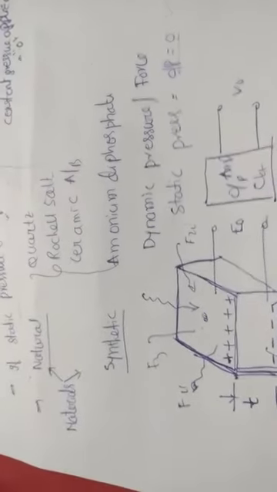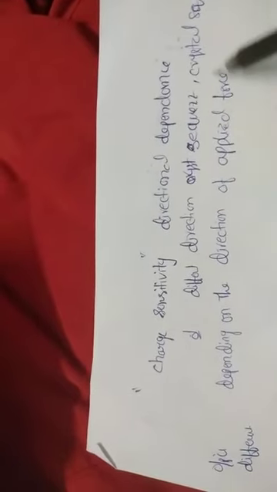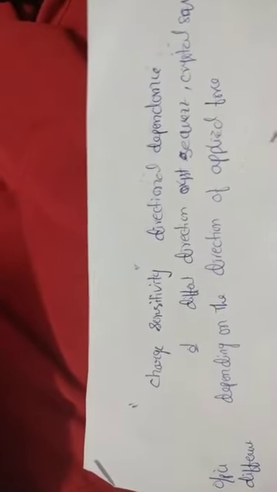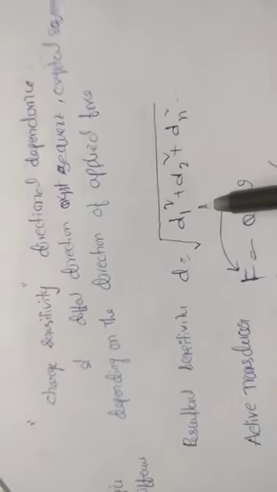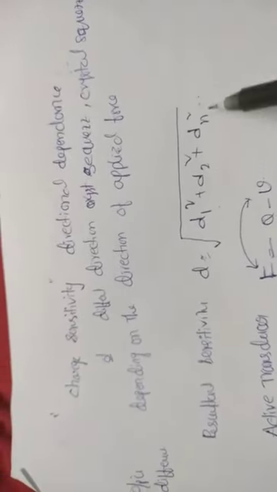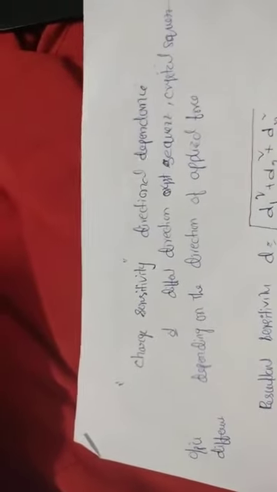The charge sensitivity is direction dependent. So in different directions of the crystal, you apply a pressure and observe different deformations. So the resultant sensitivity D equals the square root of D1 squared plus D2 squared plus Dn squared. So D, the charge sensitivity, is a directional dependence parameter.